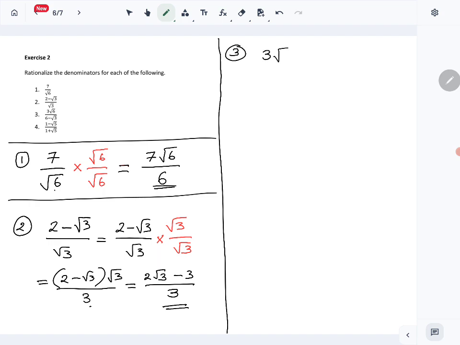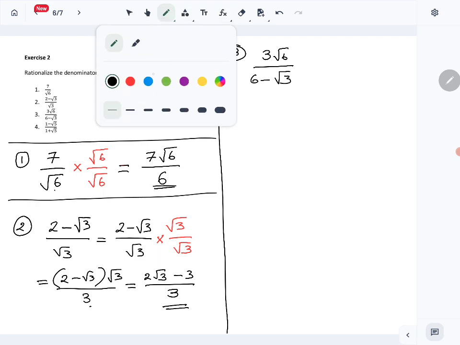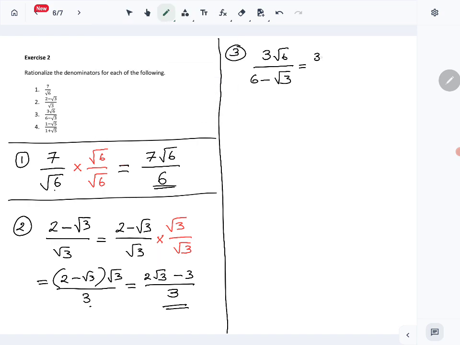Right. So look at number 3. We have two terms, not a single term. Then we can't just multiply by square root 3. So when we have this type, this is what you do. To get the equivalent expression, you multiply both the denominator and the numerator by this. So again look at the denominator term. Now you have 6 minus root 3.